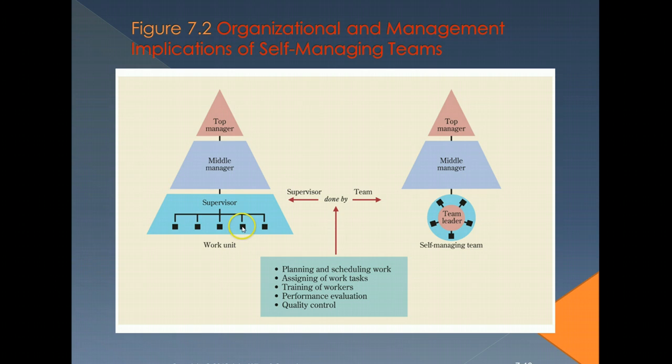And a lot of times there's a lot of animosity, and they found that teams overall, over a number of instances, will be more effective because with a bad supervisor, you're going to have bad results. So a lot of this work unit is all dependent on the supervisor. Whereas in a team, other team members can pick up the slack. So if someone's really not that good, other people could step in. And so there is a better dynamic for the company when they have these self-directed work teams.